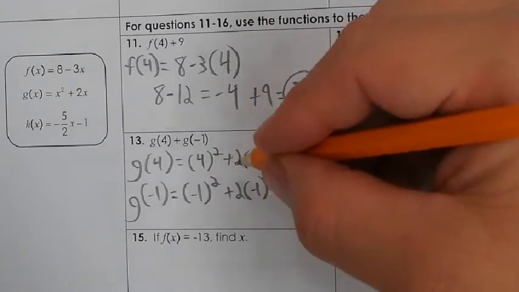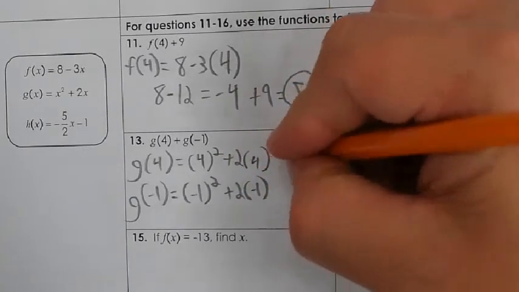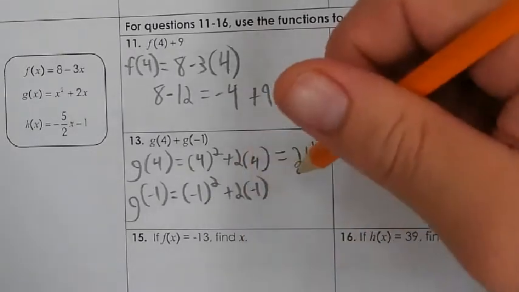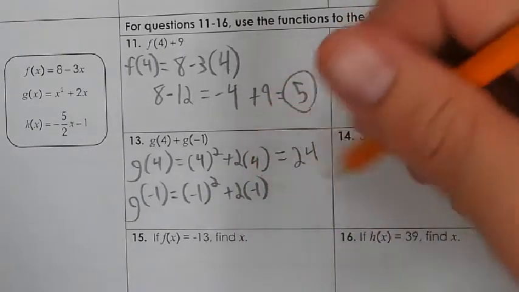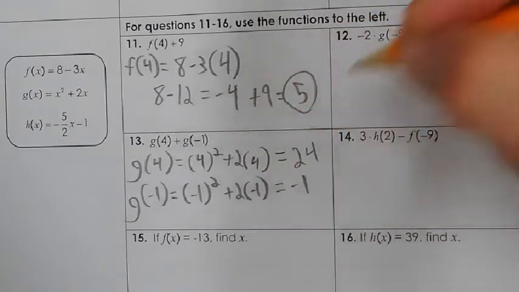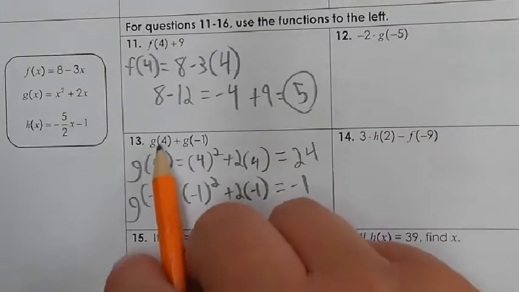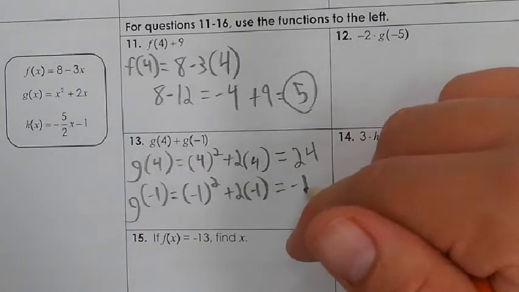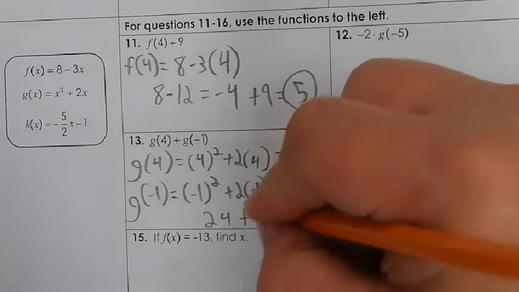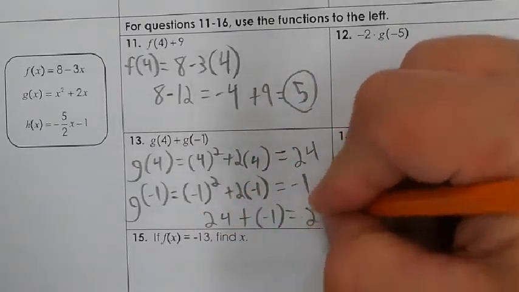So 4 squared is 16. 16 plus 8, you can put it in your calculator and you'll get 24. -1 squared is 1. Plus 2 times -1 is -2. 1 plus -2 is -1. But this right here says we're going to take that and add it to that. So now we're going to do 24 plus -1. And you get 23 as your answer.